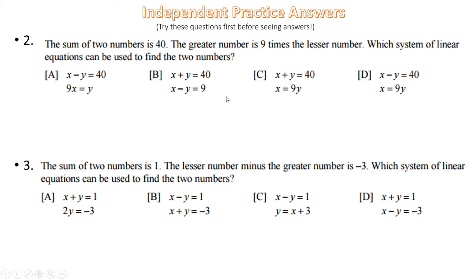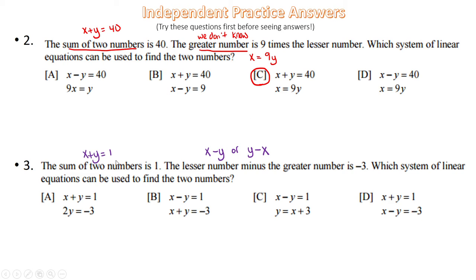Okay, number 2. Number 2 talks about the sum of two numbers is 40. So we're using x plus y to equal 40. We don't know which one's the greater number, but most likely they're going to pick x to be the greater number. And then x is 9 times the lesser number, so that answer would be C. Number 3, we have the sum of two numbers is 1.